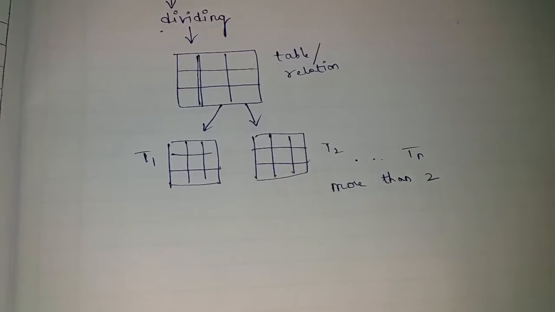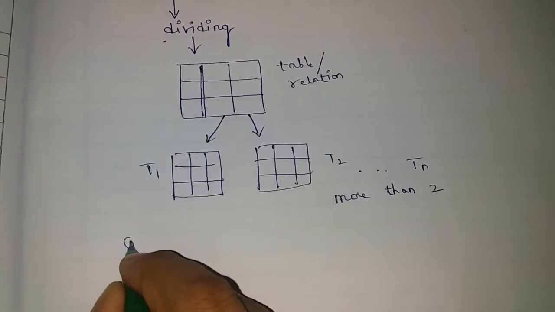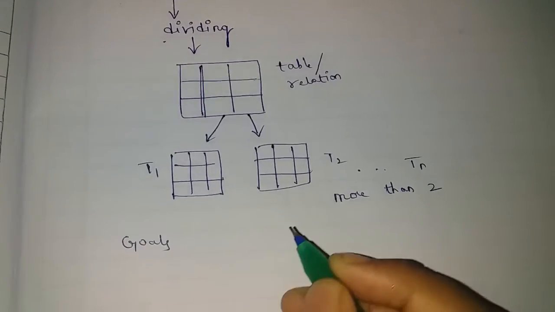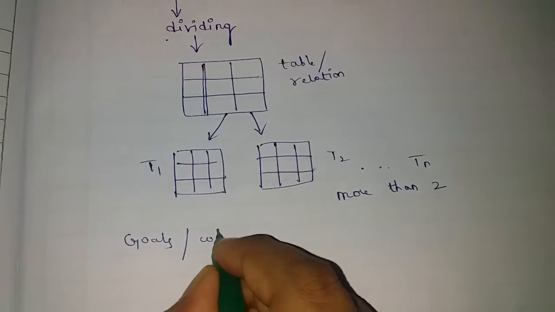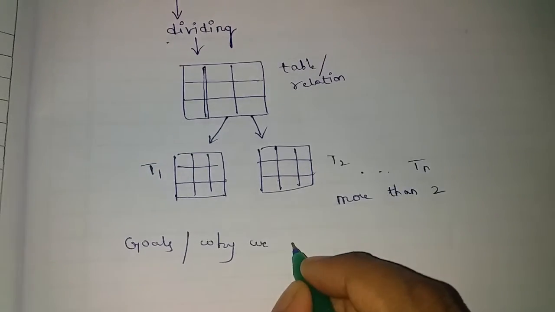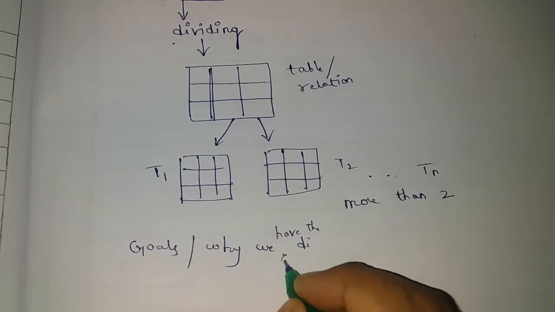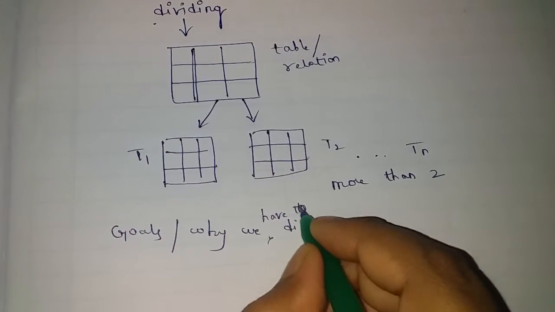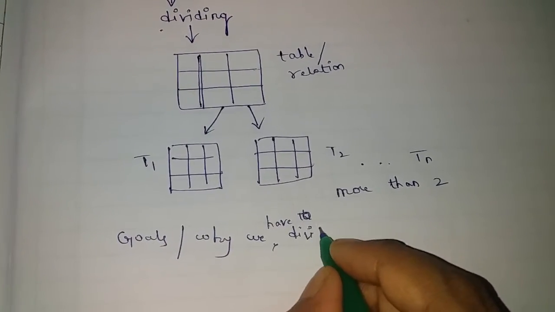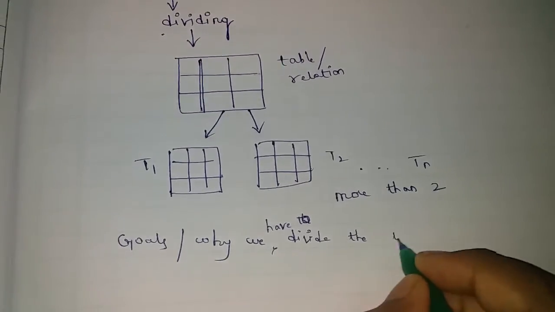Why are we dividing? What are the goals of decomposition, or why do we have to divide the table? Let us see.